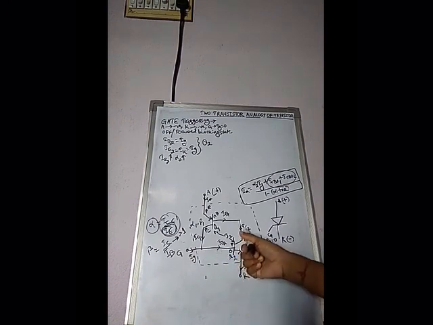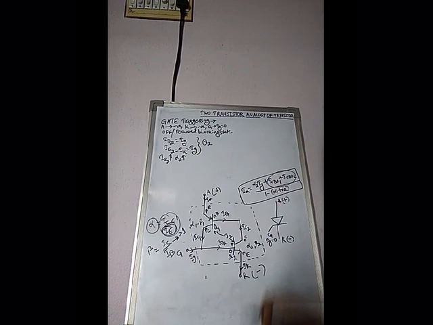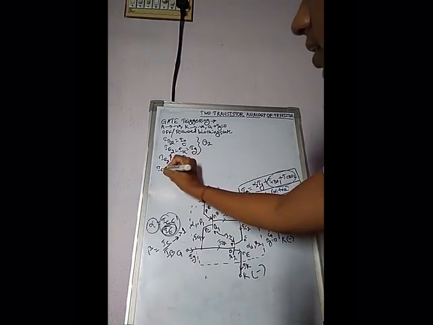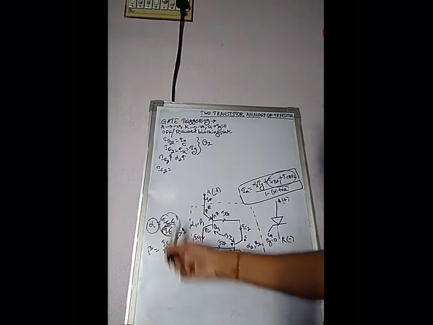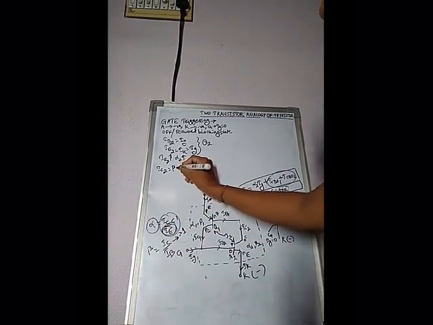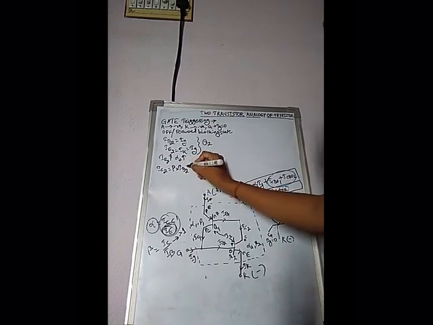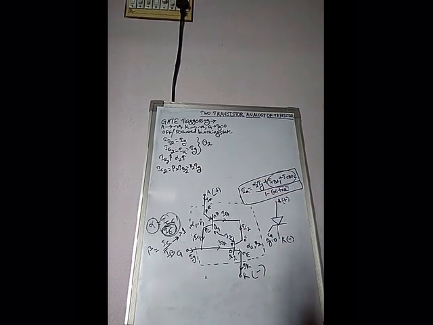That means now IC2, the collector current for transistor Q2, also exists. From the equation IC is equal to beta IB, IC2 is equal to beta 2 IB2, so I can write beta 2 Ig. Hence there is existence of collector current IC2.